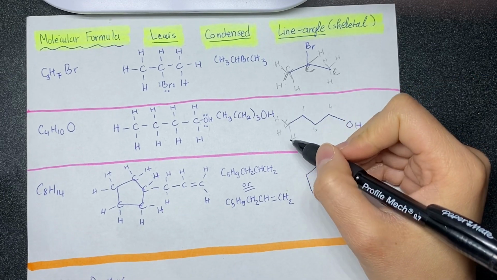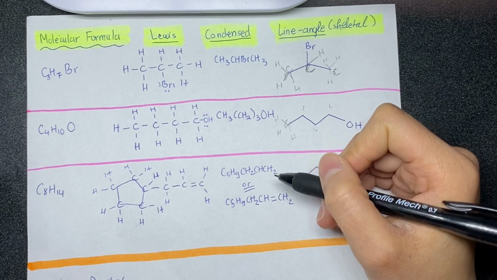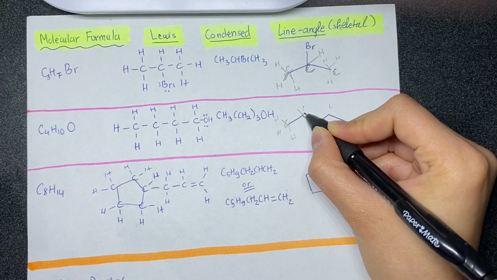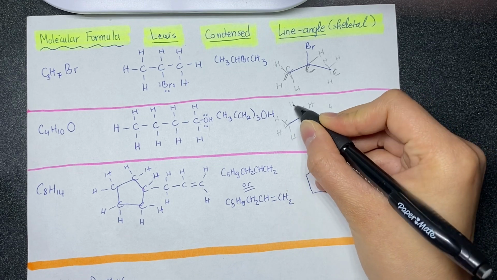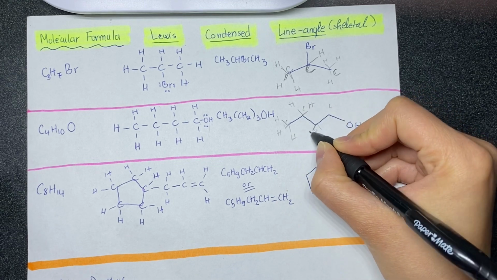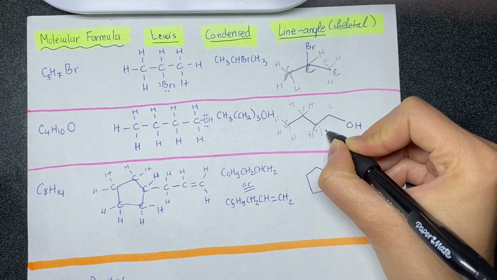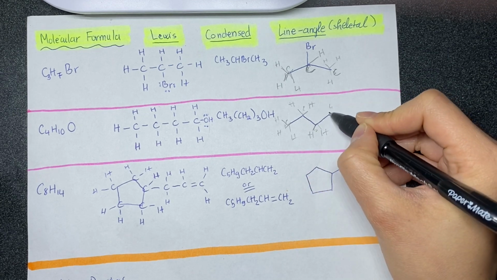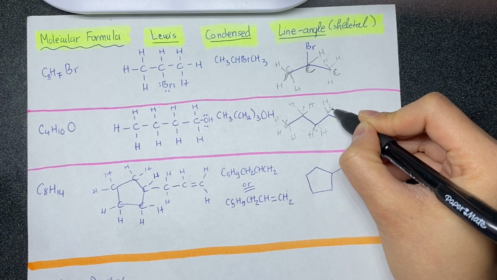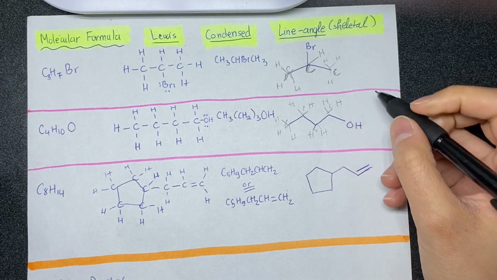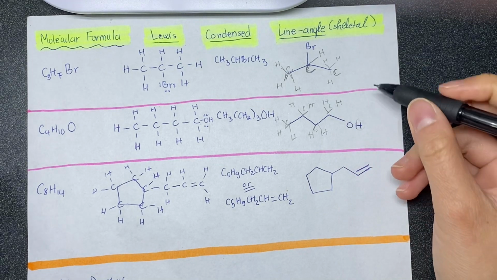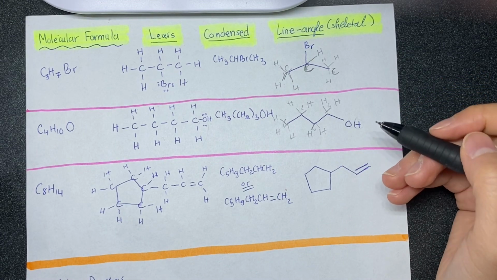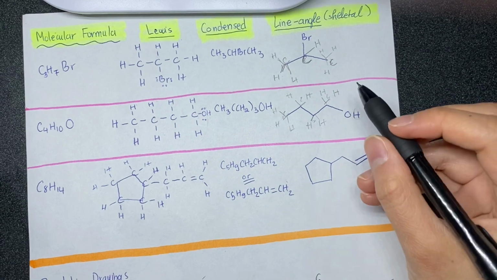So the other 3 bonds will be to your hydrogen. So 1, 2, 3, and then 4, 5 here, 6, 7. So 1, 2, 3, 4, 5, 6, 7, 8, 9, and then 10 here. So this is so you know that you have the correct structure.